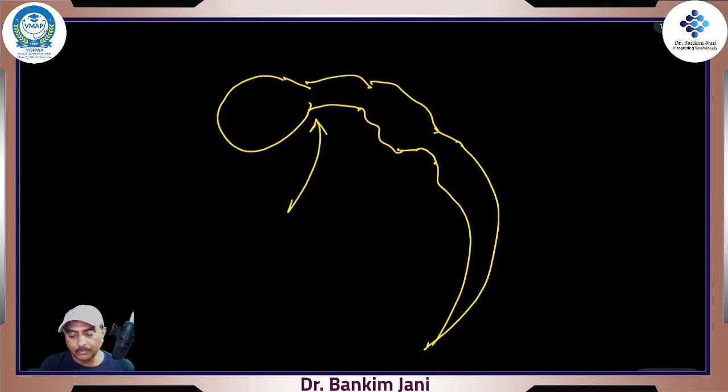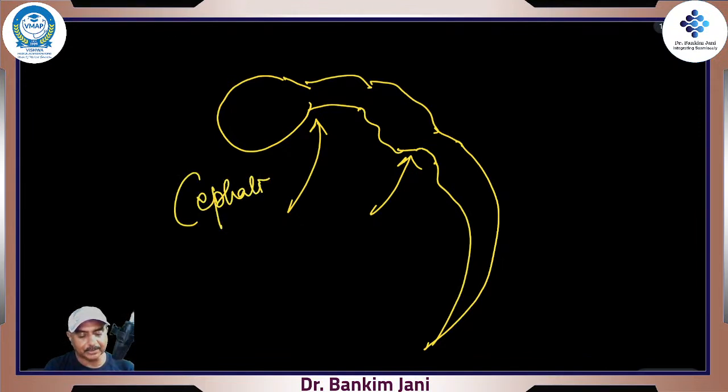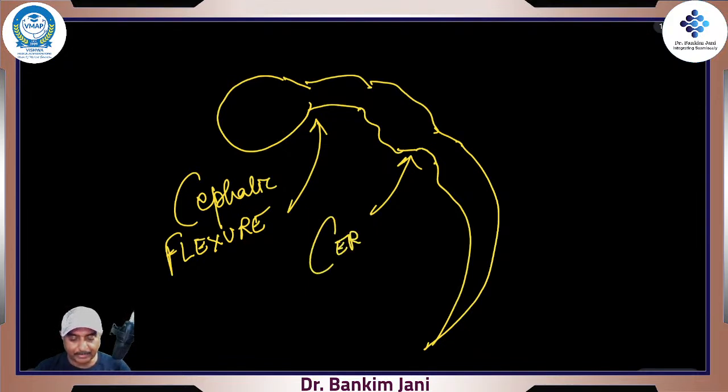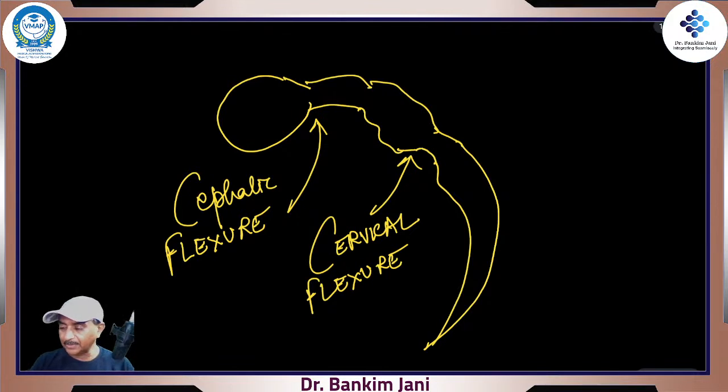These two flexures: the tube which was just like this is now bending more from one point. This is called the cephalic flexure. And the second point where it is bending is called the cervical flexure. These flexures will decide that this portion is now called the forebrain.